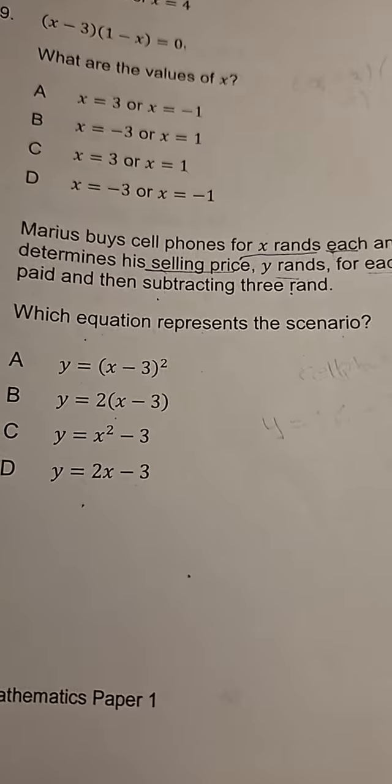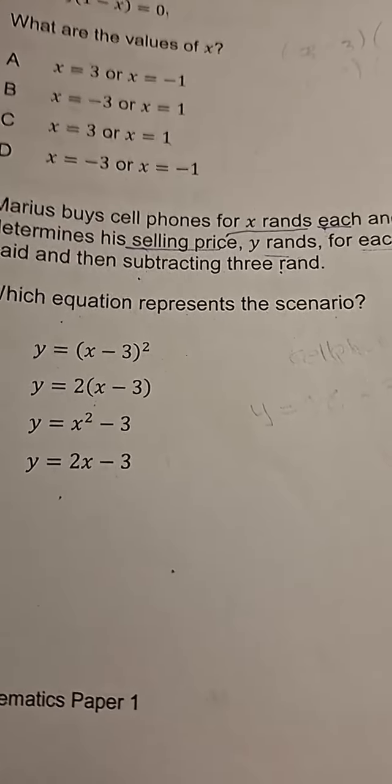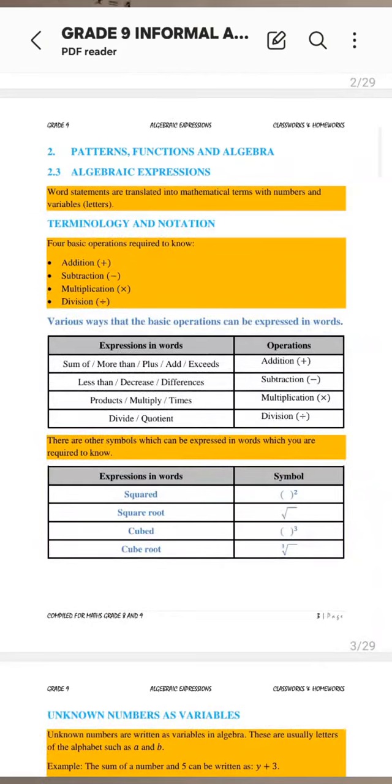Guys, you need to get familiar with algebraic language, because algebraic language will destroy you if you don't understand it. So these are things that you need to make sure that you understand. Terminology, various ways that basic operations can be expressed in words.